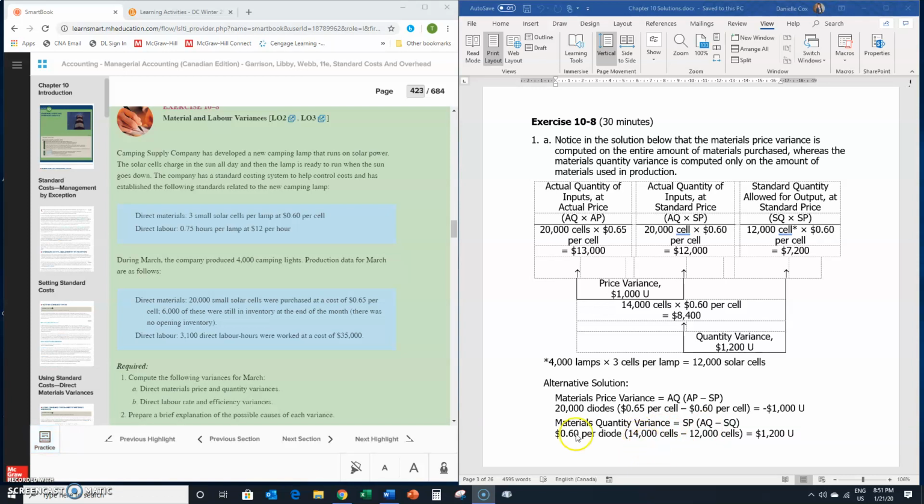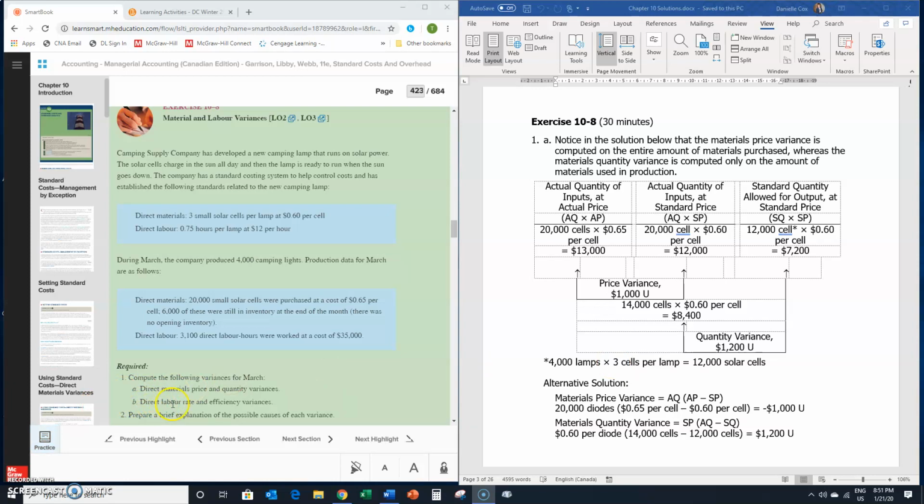So that's 14,000, the 20,000 purchased minus 6,000 remaining. Minus your standard quantity, which is 12,000, and that wasn't given to us directly, but we calculated it out here. So if you do that, you will get a positive 1,200, a positive number, unfavorable. So again, you can do whichever method you find easiest.